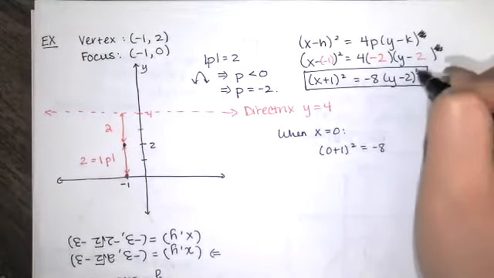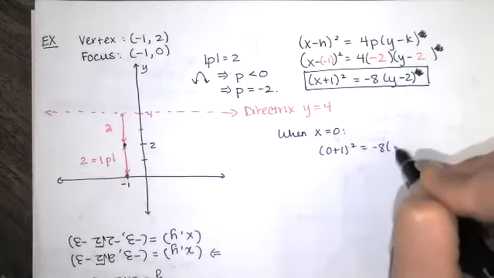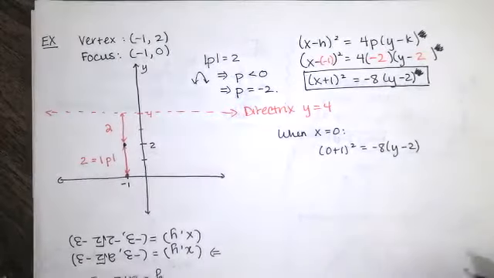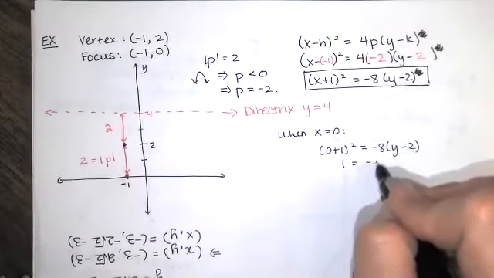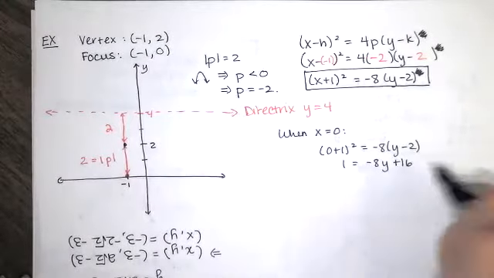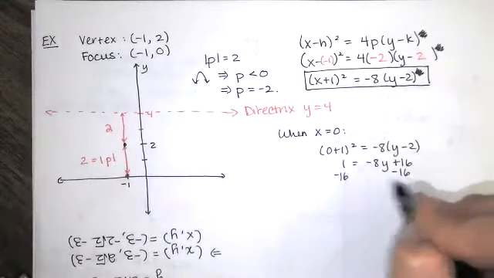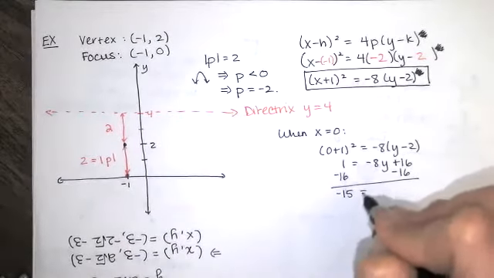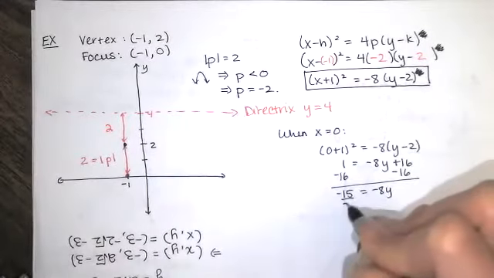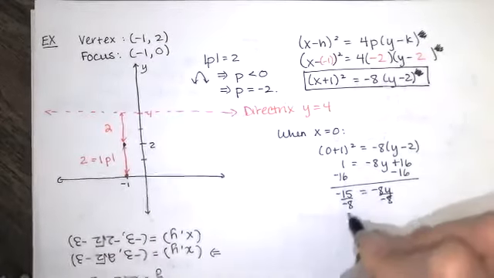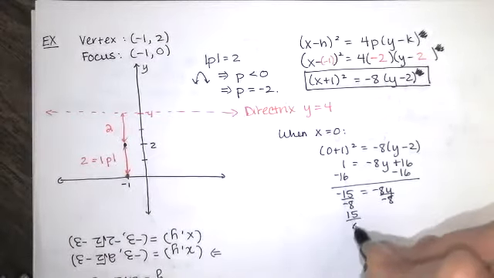Sorry about that. It's a parabola. So we have 1 equals -8y plus 16 if we distribute that -8. Subtract 16 from both sides. Divide both sides by -8. And so we get 15/8.